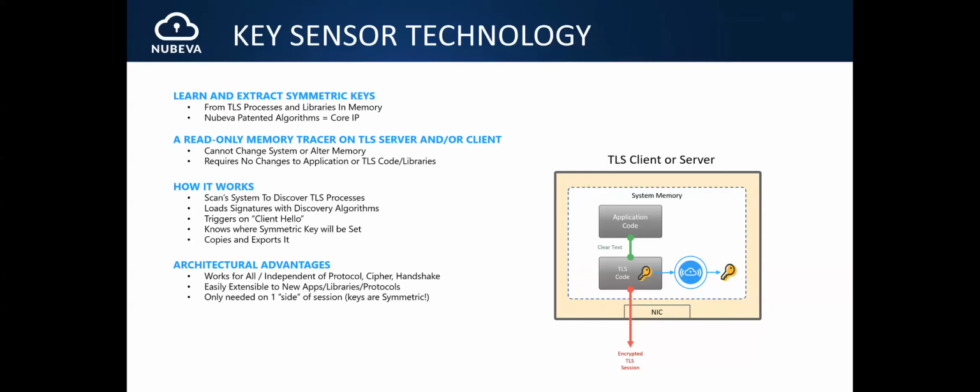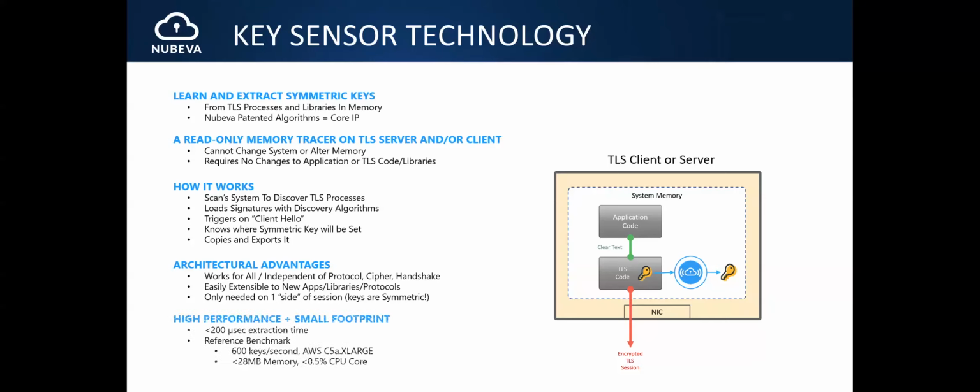We could talk about that in the Q&A, but the ability for this platform to extend into other protocols has actually been proven, and we'll be rolling those out. Today, we are focused purely on TLS. And the last part of this, as I mentioned, it's only needed on one side. So if you are trying to secure a data center, place them on servers, not endpoints. If you're trying to monitor traffic from endpoints going to the internet, you can place them there as well.